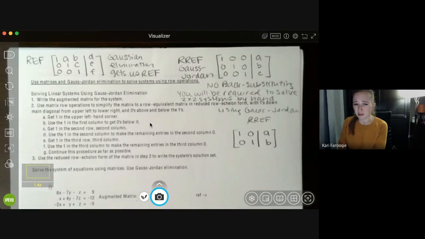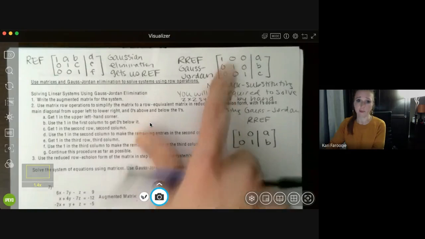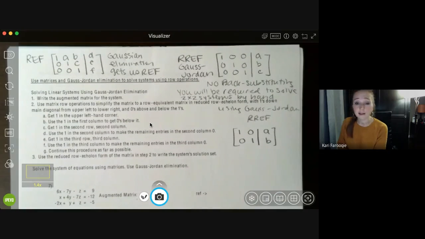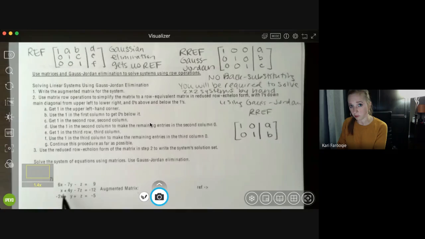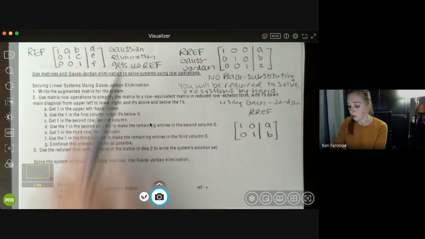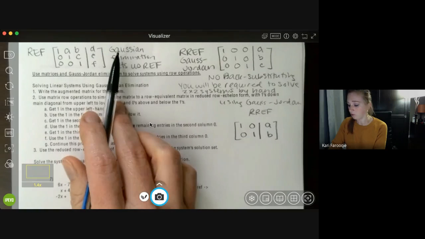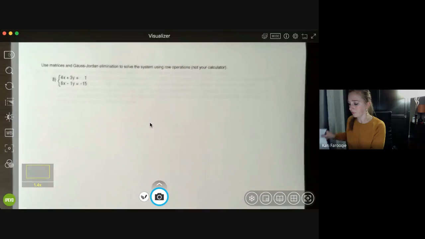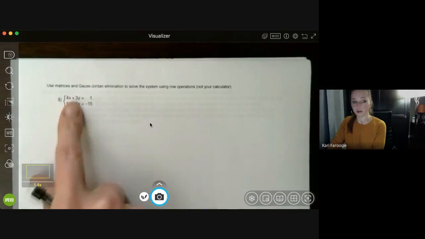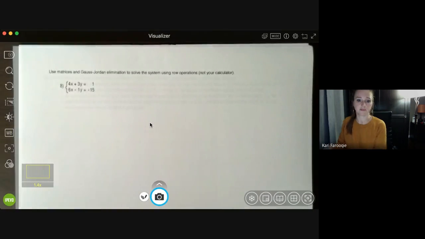I think back substituting is easier, but I can't stop you if you like that. On a task, you will have to solve systems like this, 3 equations, 3 unknowns, but only using Gaussian elimination. For Gauss-Jordan, you're going to be asked to do something like what we have for number 8.